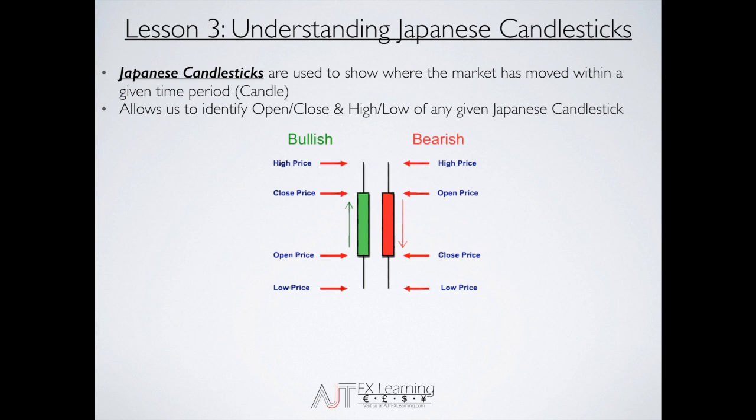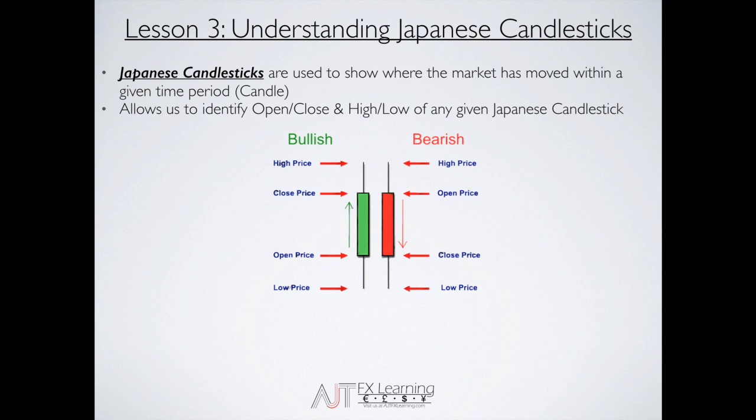Something I want you to note is that whenever you have candlesticks, they're all going to look so different. Each and every one of them has different types of stories that they tell. They all look different in the market, so don't expect all Japanese candlesticks to look alike.